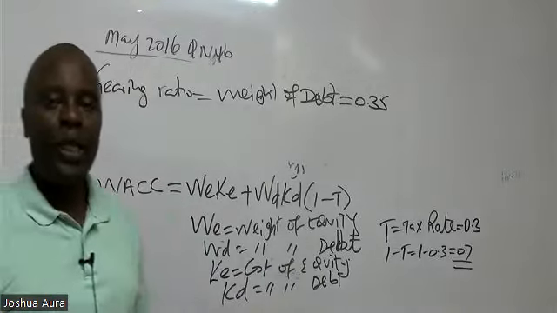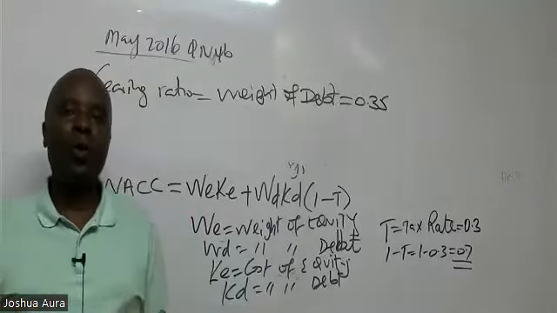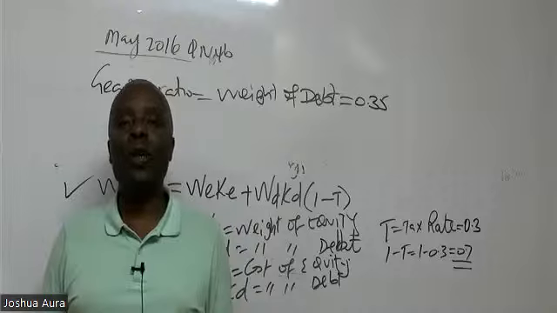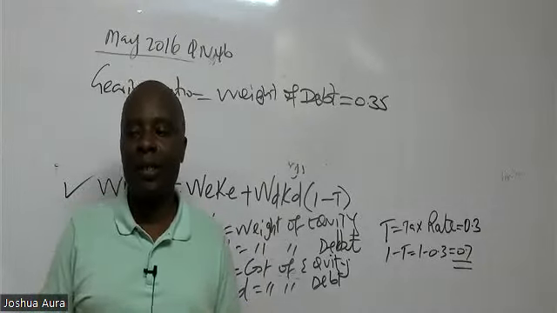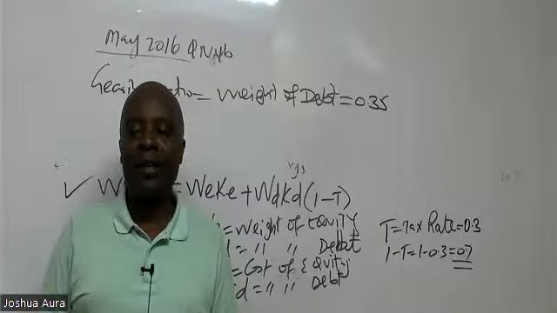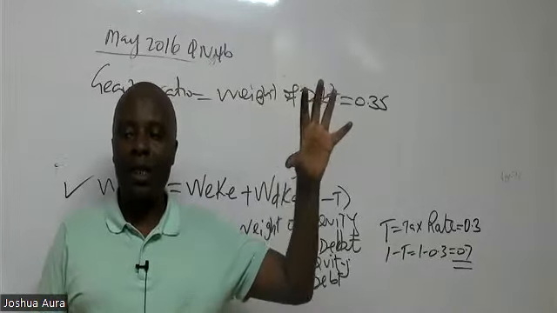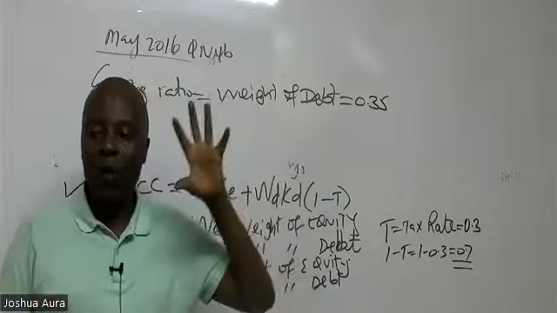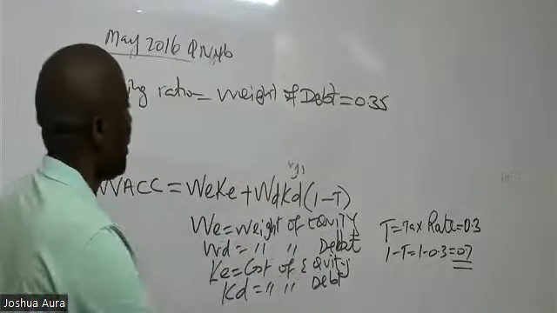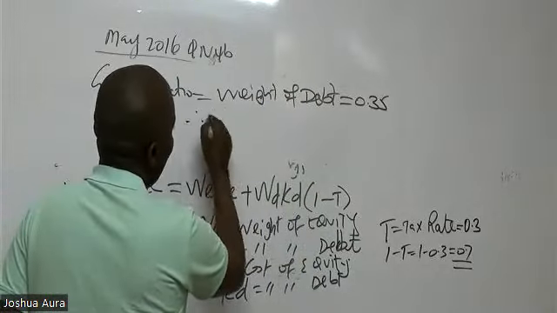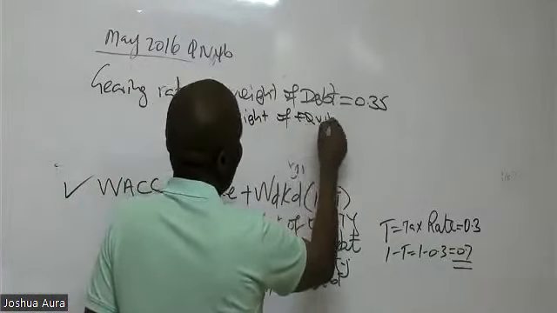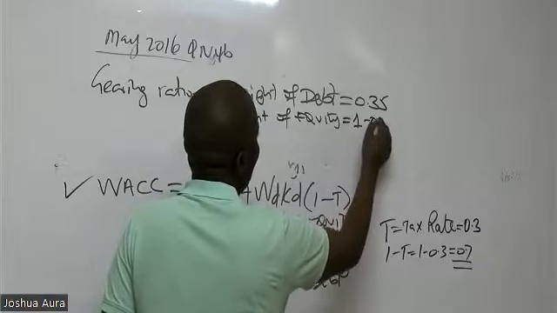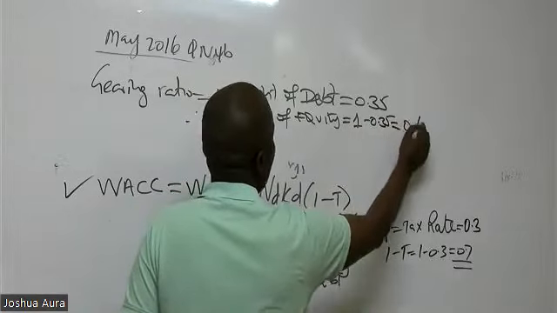So if the weight of debt is 0.35, what do you think will be the value of the weight of equity? Look at me nicely, right? If the weight of debt is 0.35, then the weight of equity will be 1 minus 0.35, which is 0.65.